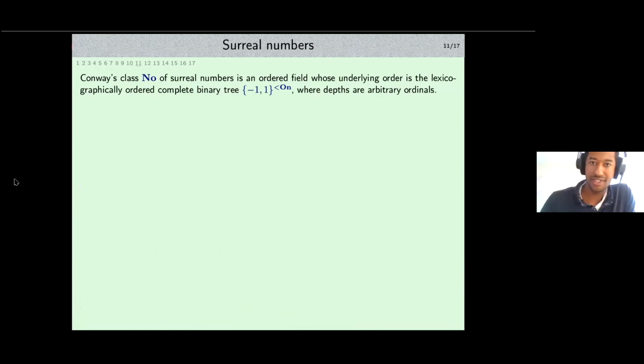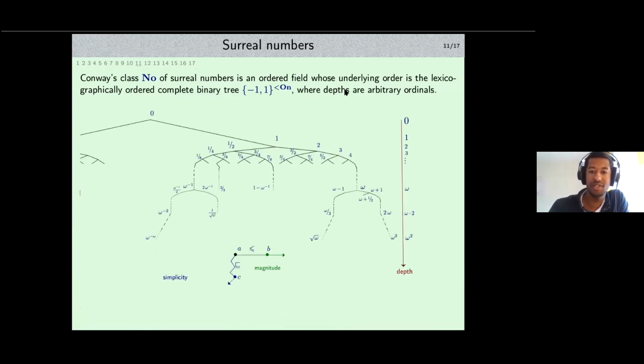So the next step is the theory of surreal numbers. If you don't know what they are, surreal numbers are an ordered field defined by Conway, which can be represented as this large complete binary tree.